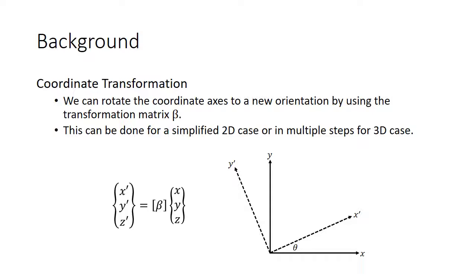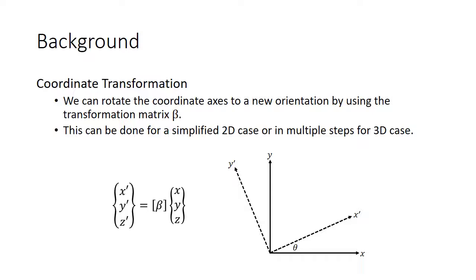But essentially the beta matrix becomes simply a combination of the cosines of the angles between each axis. Beta has the special property of being orthogonal, which means that beta transpose dotted with beta original equals 1.